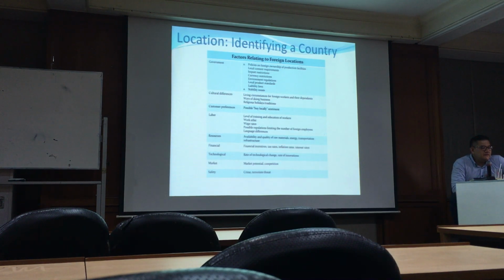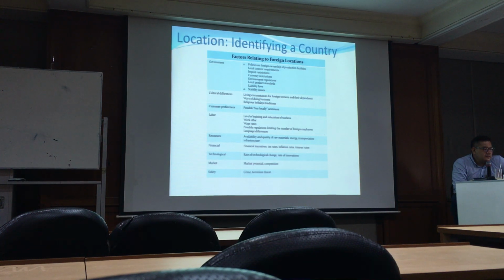This is a list for identifying a country, the factors that might be related to your global location. You might think about the stability issue, the policy of the government, the living circumstances for the foreign worker, or the level of training, the wage rate or salary rate, like the differences, tax rate, inflation rate, right?